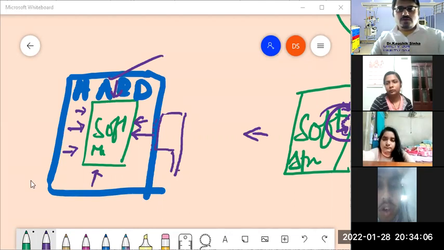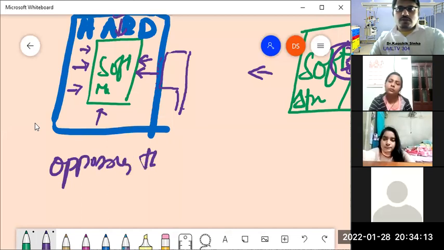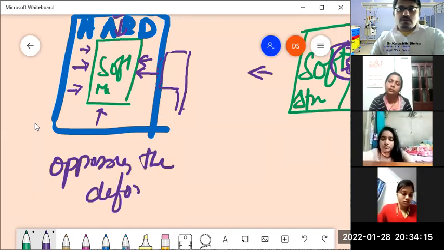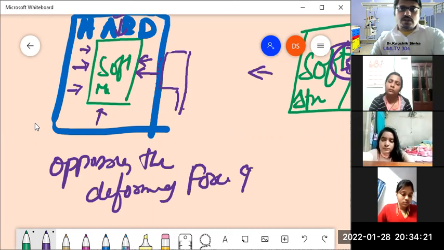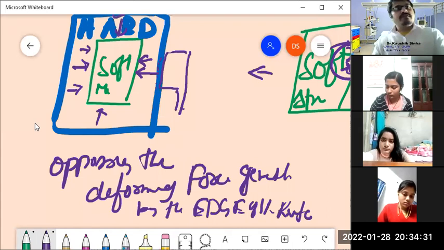How? Simply by opposing the deforming force generated by the edge of the knife. Clear?